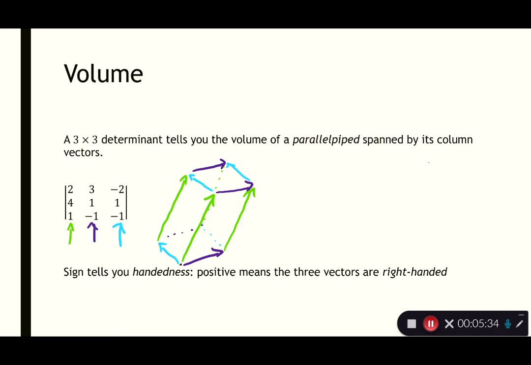If you can make your right hand fit to that list of three vectors like you can in this particular case, then it's going to be a right-handed coordinate system. In this example, because the first column is green, the second one's purple, and the third one's blue, you should check yourself that those do form a right-handed system, and this one is going to have a positive determinant as opposed to a negative.